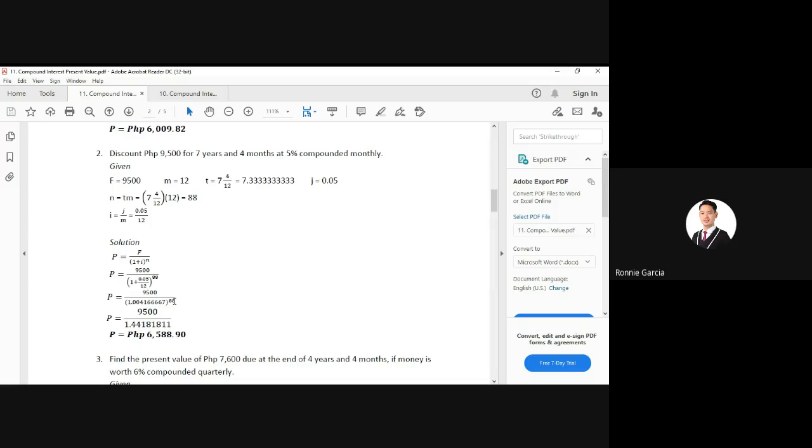Write the value to the power of 88, and the result is 1.44181811. So the numerator is 9,500 and the denominator is 1.44 and so on. You divide 9,500 by that number.